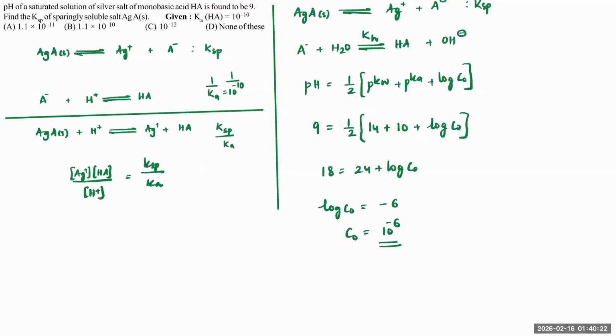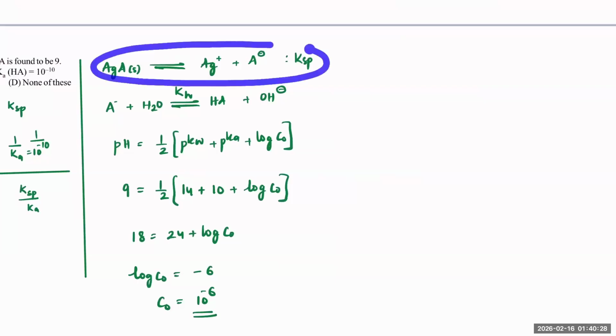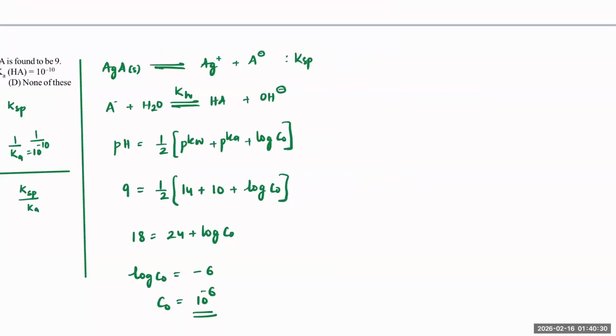Right, let me tell you again. See, think this way. AgA is the one which is giving out the dissociation of Ag plus and A minus. But what is happening is this A minus will hydrolyze because it is coming from a very weak acid. It will undergo hydrolysis and it will give you HA and OH minus.